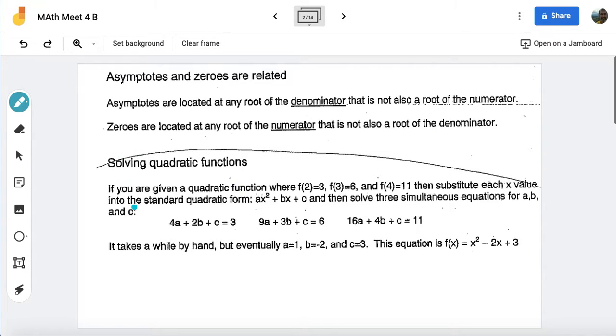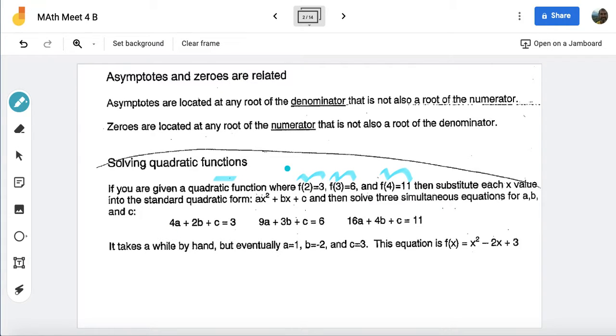Solving quadratic functions: if you're given a quadratic function, and then they tell you f of 2 is 3, f of 3 is 6, f of 4 is 11, you could set it up like this. You know ax squared plus bx plus c is the standard form of a quadratic equation.